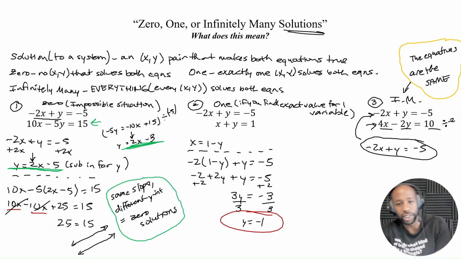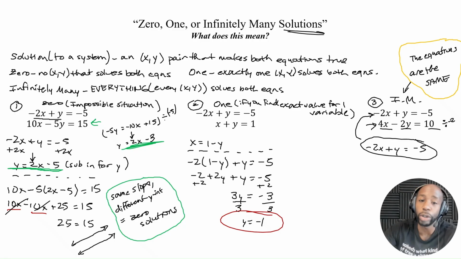A second way of being able to tell that. If there is one solution, the way that this will look graphically, this equation is y equals negative x plus 1, so it's going to look something like this.